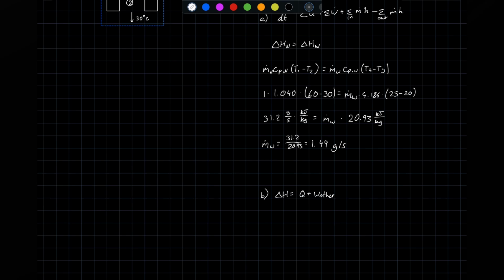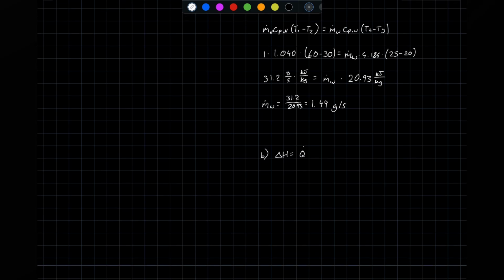However, in this case, there is no work being done by one system on the other. It is pure mass flows, which means that in reality, our change in enthalpy is just our heat flow. And that is very nice, because that means that our heat flow is equal to M of the water times Cp water times delta T. And we now have all these numbers, so we can just go ahead and plug them in.